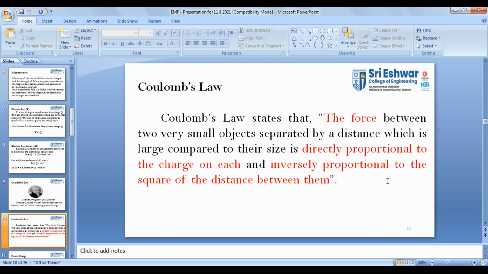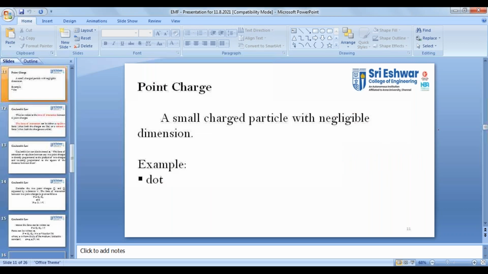For example, in the first object if I have Q1 as charge, and in the second object Q2 as the charge, then force F is proportional to Q1 into Q2, and inversely proportional to the square of the distance between them. If the distance separating these two objects is R or d, then it becomes d square. So that is what Coulomb is stating.